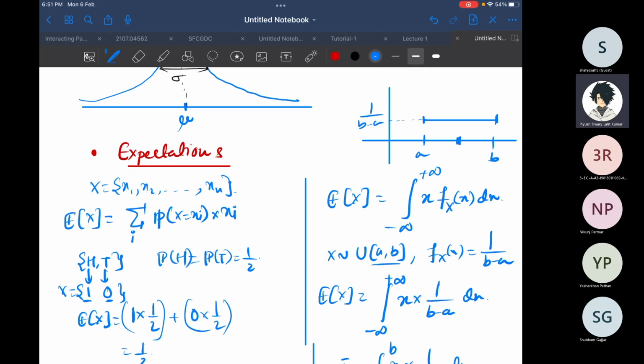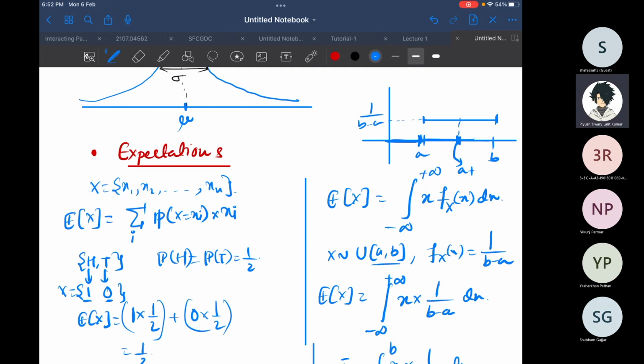So this middle point, what is this point? Till here it is a, so a plus, and we are halfway, at the midpoint of this interval, and the length of this interval is b minus a.